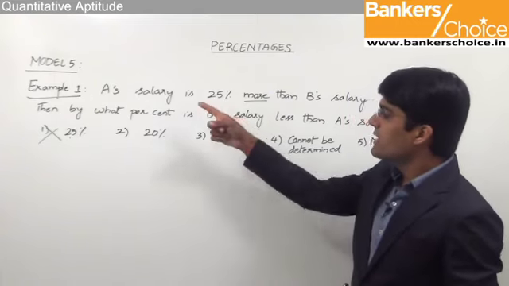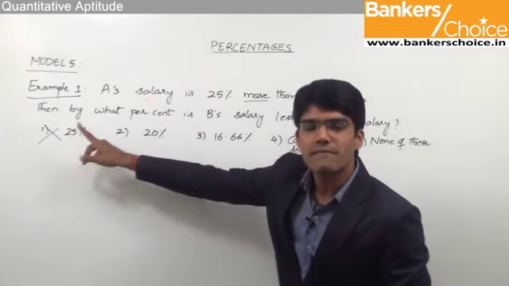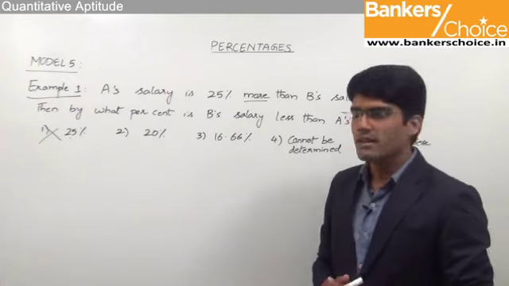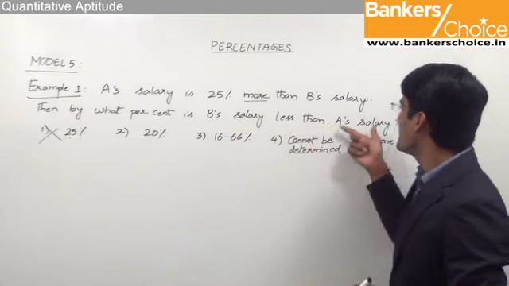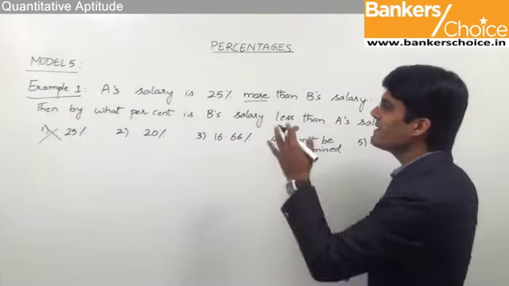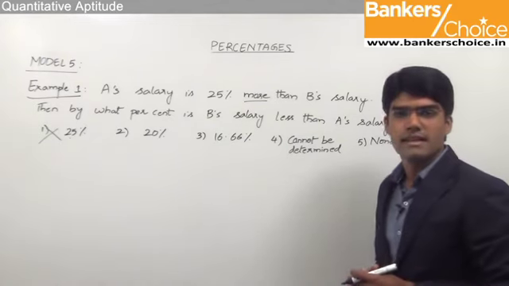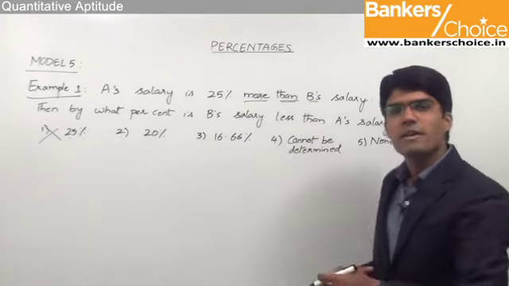Similarly, in this case also, if A is 25% more than B, do not mark the answer as B is 25% less than A. It has to be calculated by the concept that we have just discussed. Now, the question here is, what percent is B's salary less than A's salary? The first statement says A's salary is 25% more than B's salary. That means A, when compared with respect to B, we find that it is 25% more.